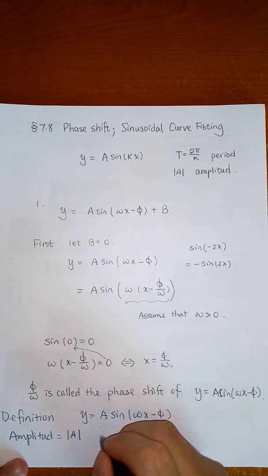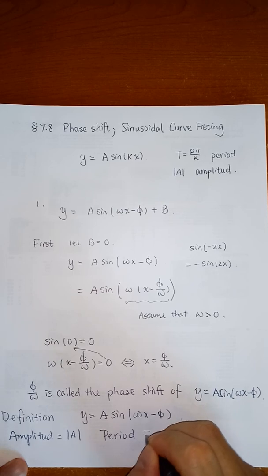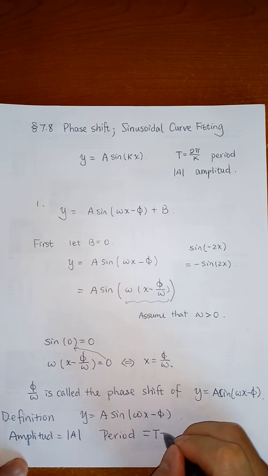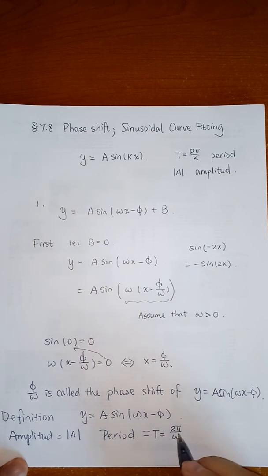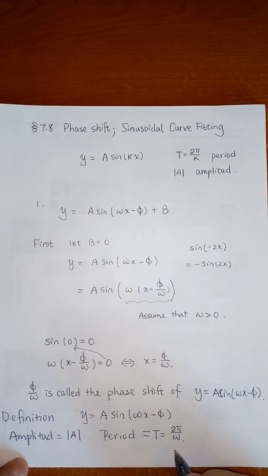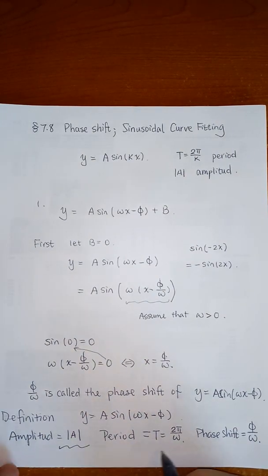And period is equal to T, because T is 2 pi over omega. Here omega is positive, so this number is positive. And the phase shift is equal to phi over omega. Okay, so that's the three concepts: amplitude, period, and phase shift.